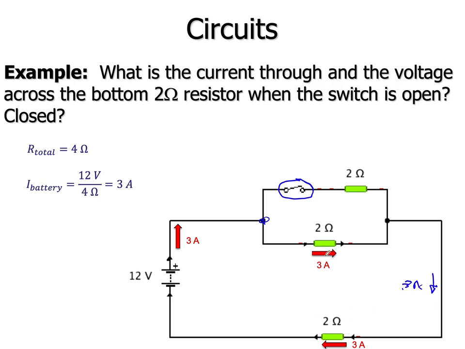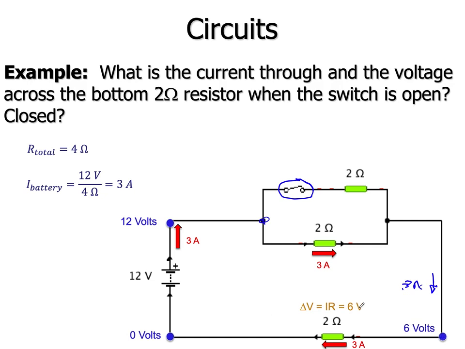How do we calculate the voltage across it? Well, when they're talking about the voltage across it, they're talking about the voltage drop or the potential change across it. And if you remember, there's a couple ways of solving it. One way would be to take a look at the voltage drops here. The voltage drop here, current times resistance, 3 amps times 2 ohms, gives us 6 volts, which means there's 6 volts here.